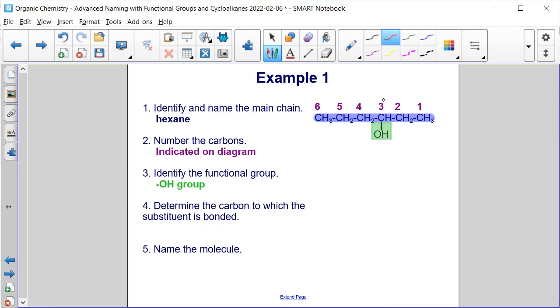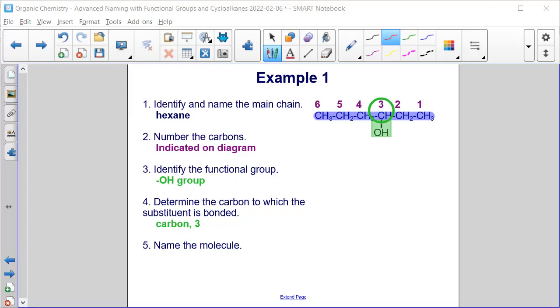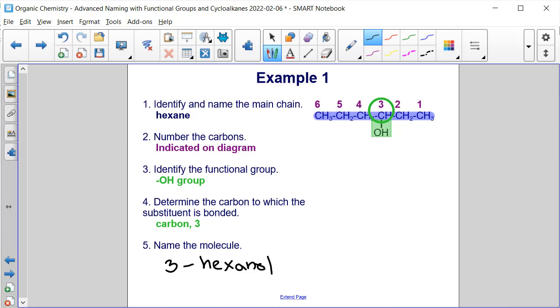Because we did the work of numbering our carbons already, we can see that it's bonded to carbon 3. And finally, now that we've done all this hard work, we can simply name the molecule. We start with what carbon our OH group is on, carbon 3, and then hexane, and then we remove the E and replace it with OL. So we get 3-hexanol.